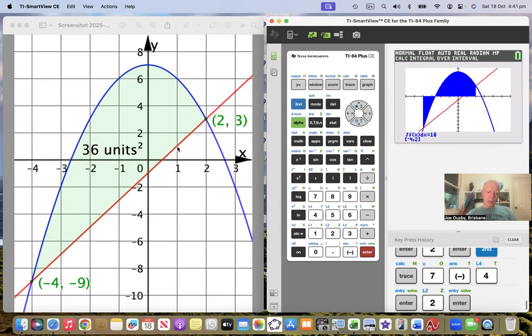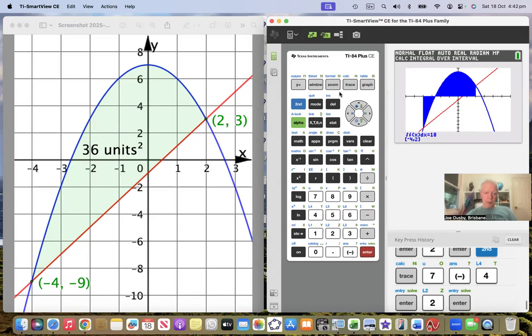However, when x is 1, the difference between the y values is larger, and when x is 0, the difference is larger again. Then the differences decrease on the other side, down to 0 at the other intersection. But notice the differences are all positive.